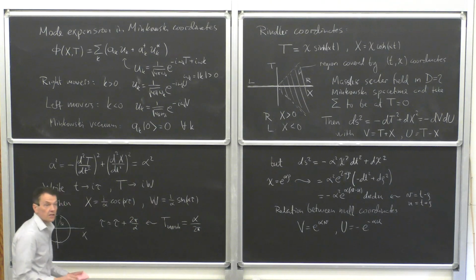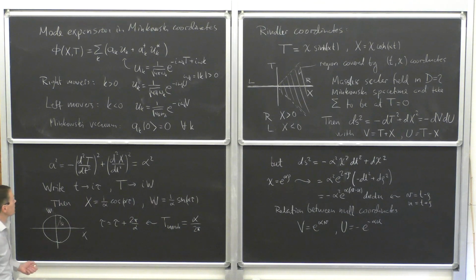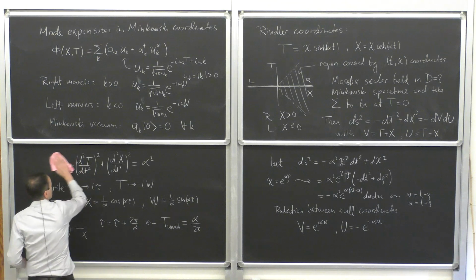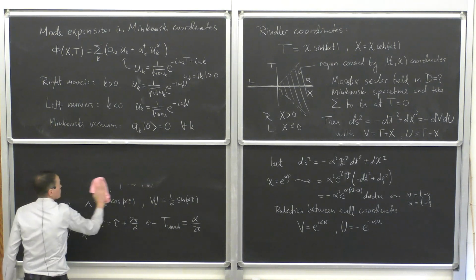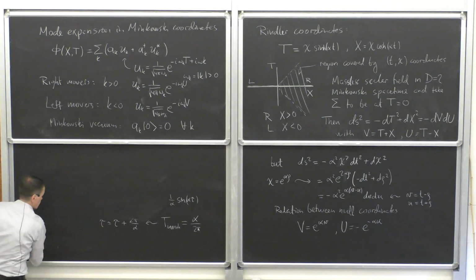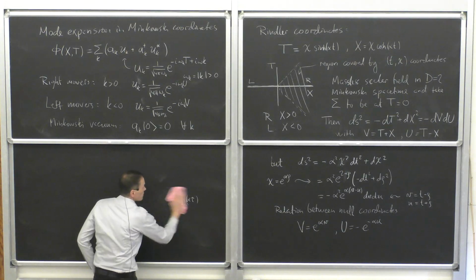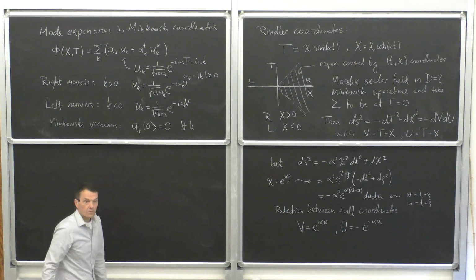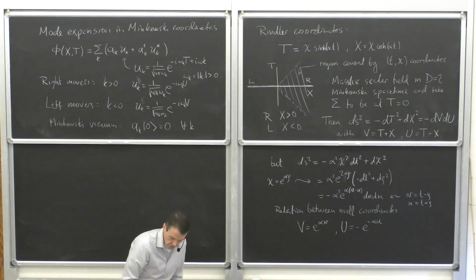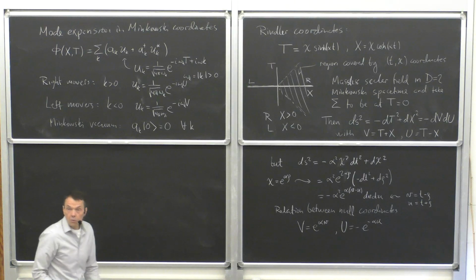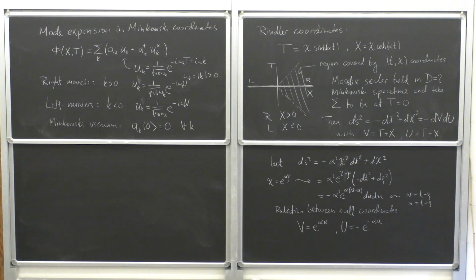So let's take the massless Klein-Gordon equation and transform to Rindler coordinates. We can work through the transformation, or we can be clever, and we know that this is a conformal theory. A massless scalar field in 2 dimensions is a conformal theory.